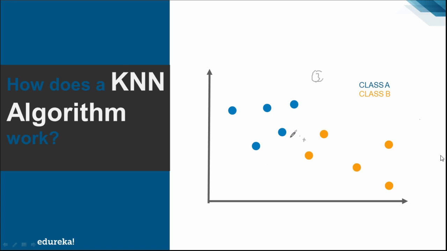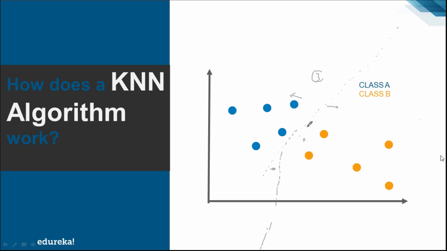So you might decide the region in which, if the data point is here, it will belong to a particular class. This way you can decide the region on the basis of the k value as well. Whatever data point comes onto this side will belong to the orange class, and whatever goes to this side will belong to the blue class only.